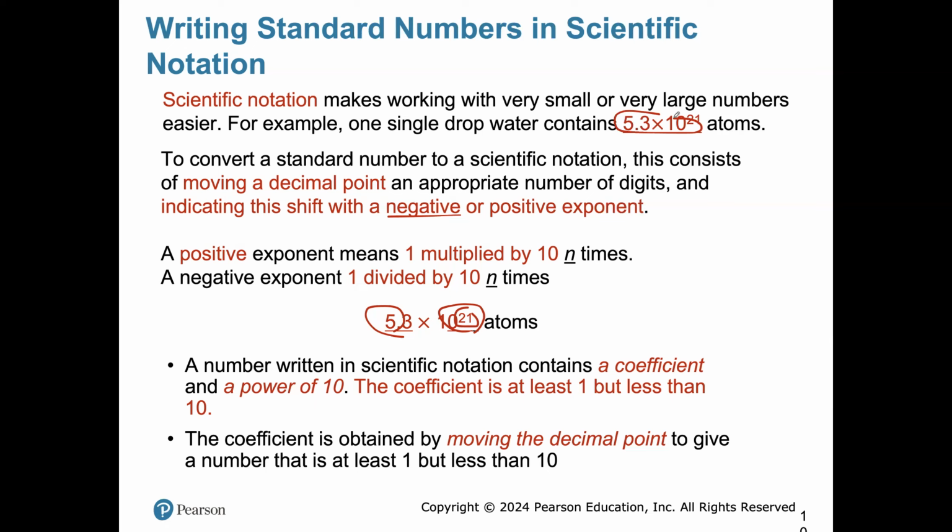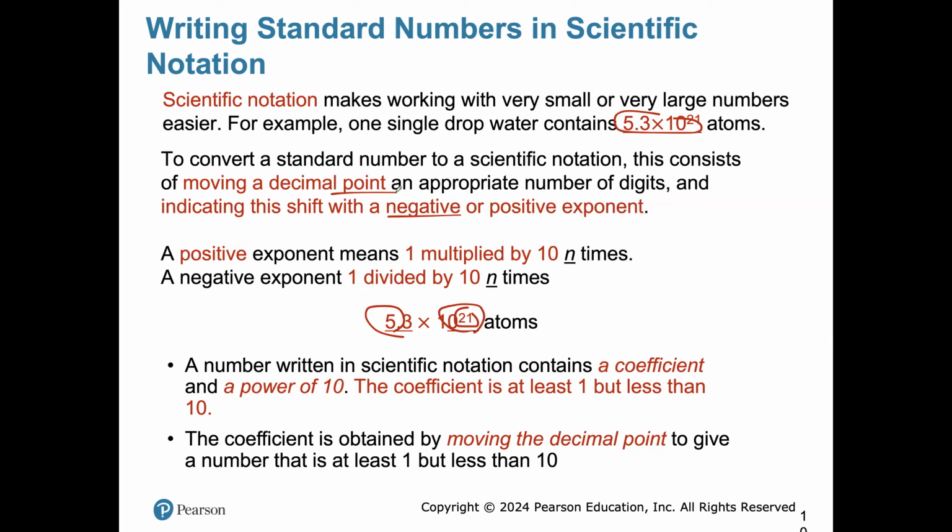To convert a standard number to scientific notation, this consists of moving the decimal point an appropriate number of digits. Then we show this shift of the decimal point by using a negative or positive exponent.